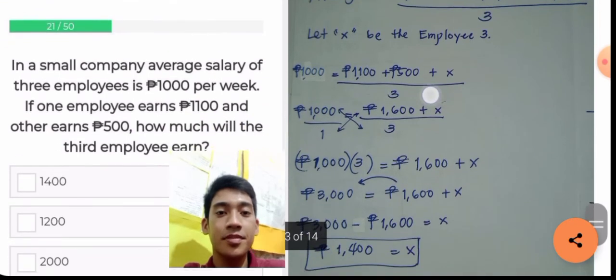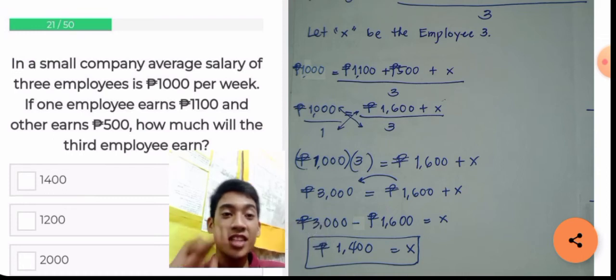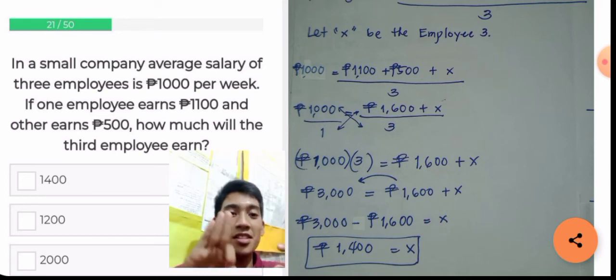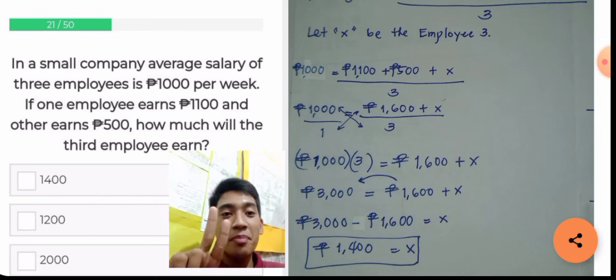Okay. In a small company, the average salary of 3 employees is 1,000 pesos per week. That's the average already for the 3 employees. If one employee earns 1,100 pesos and the second employee 500 pesos, how much will the third employee earn?